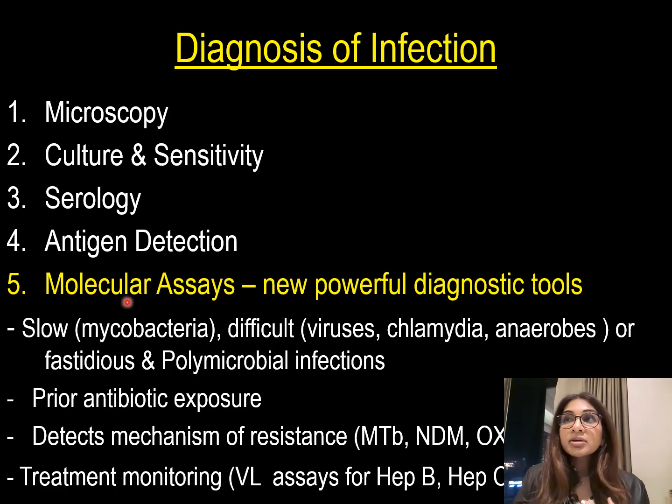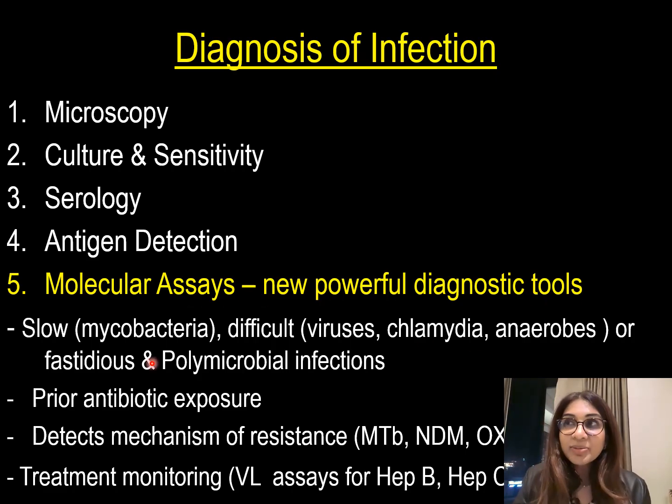But yes, the more rapidly we identify the etiology, the more confident we can be in continuing the antibiotic or antimicrobial therapy. So rapid diagnosis is essential for the right treatment at the earliest. For this, molecular assays are the new powerful diagnostic tools.